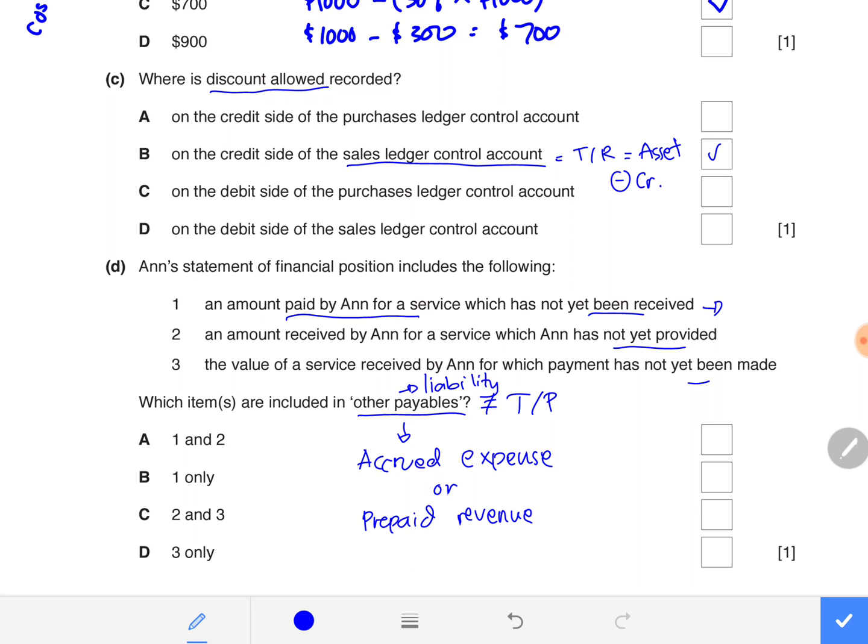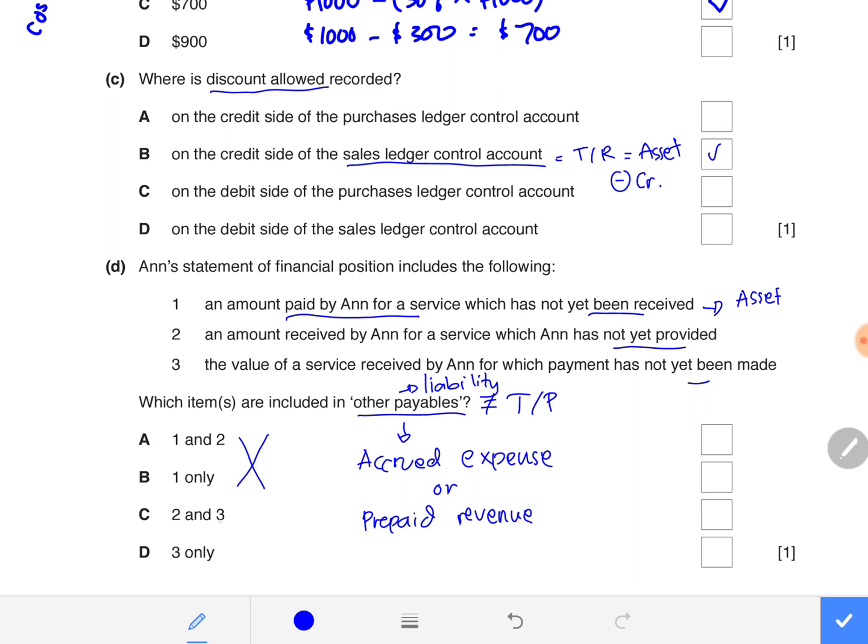Since N has paid it but did not receive any benefit out of it, we will consider that as an asset. So any answer with number 1 will be eliminated. Next, if you can see C and D, both of them have number 3.